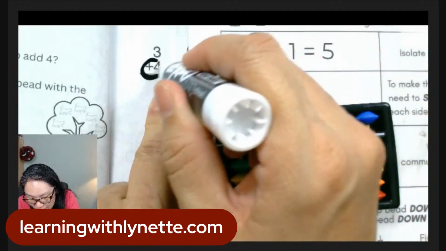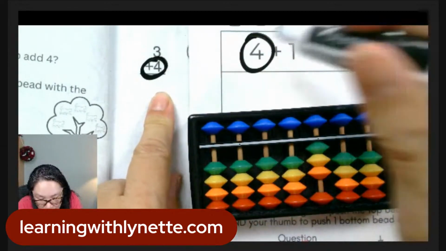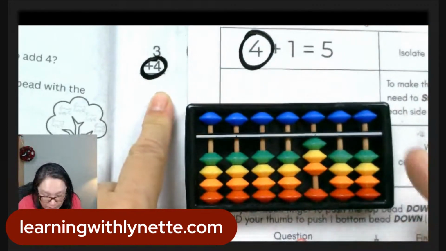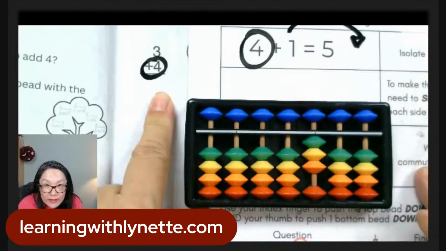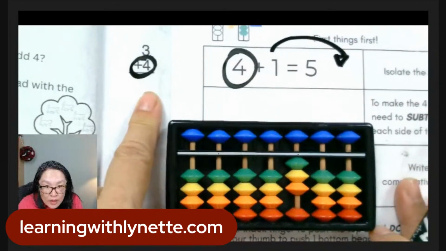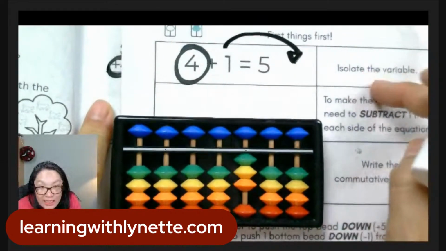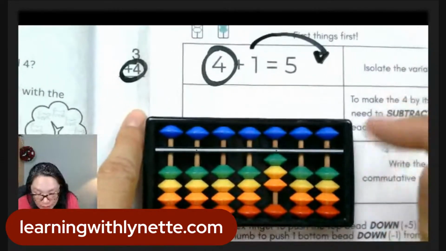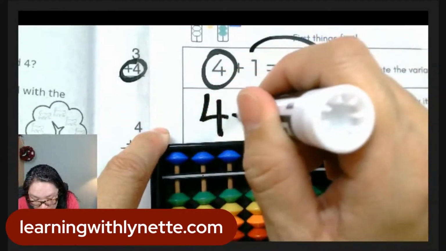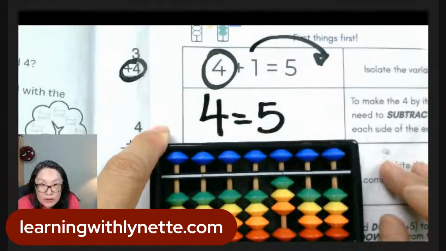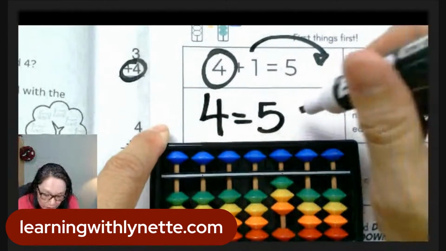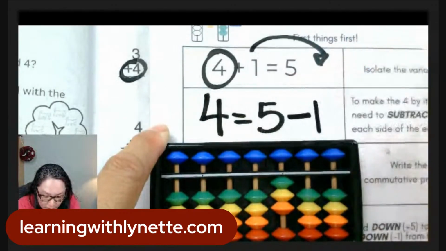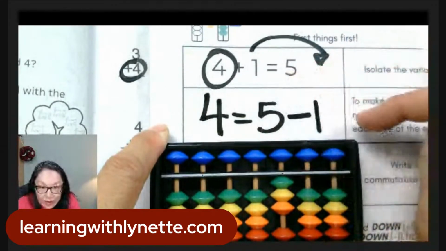We're going to take this 1 and move it over here, because we're going to isolate the variable. When we do, we have 4 is equal to 5. That doesn't balance, right? We need to balance the equation. To balance the equation, we minus the 1.